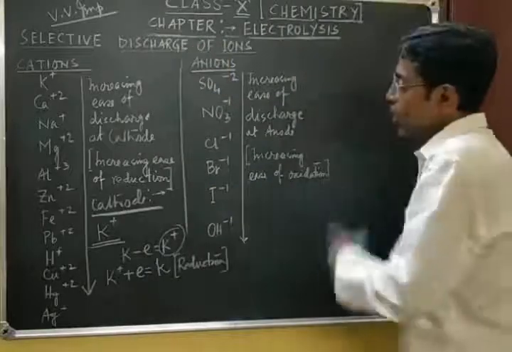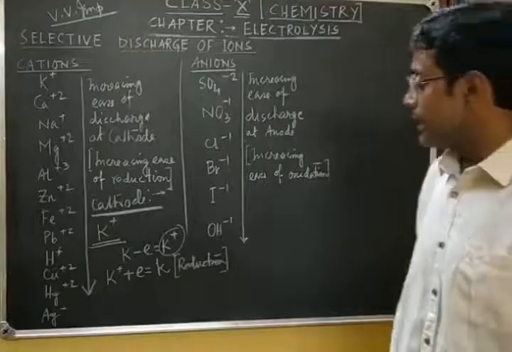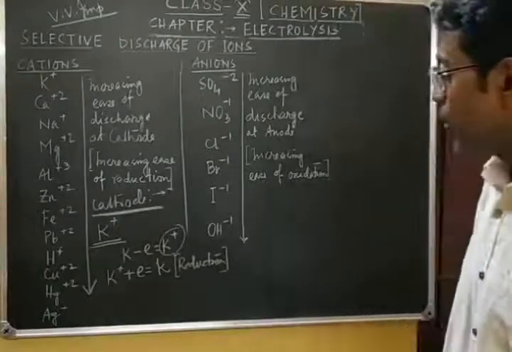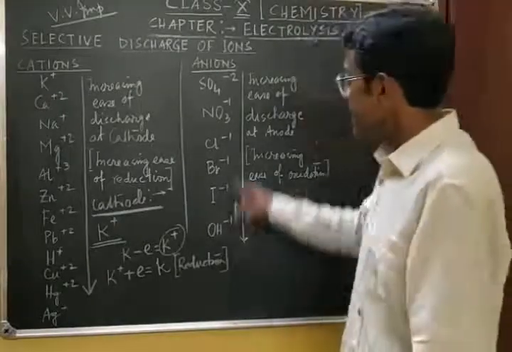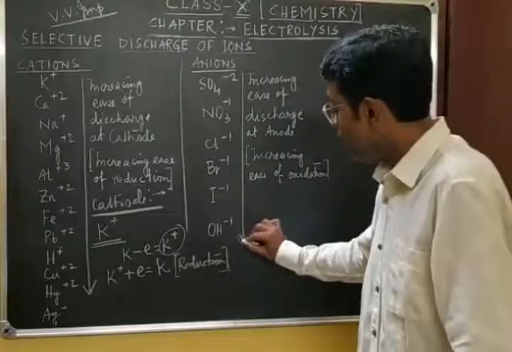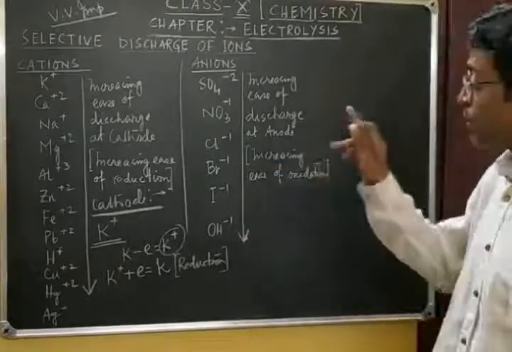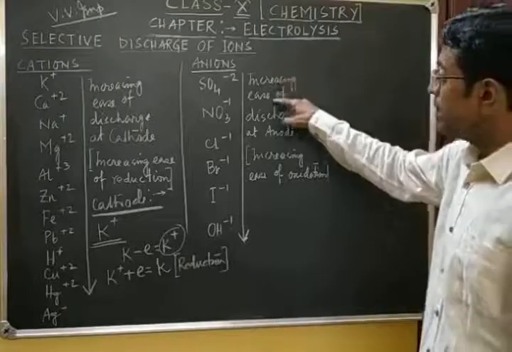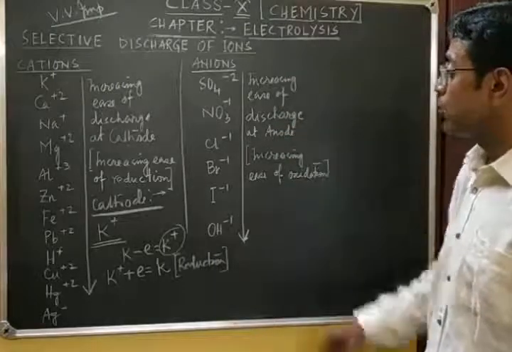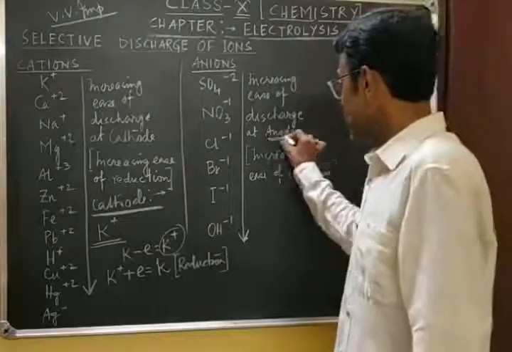At the top is the sulfate ion, then nitrate, then chloride, bromide, iodide and hydroxide. See the same thing, see this arrow. As we go down this series, there is increasing ease of discharge at the anode.